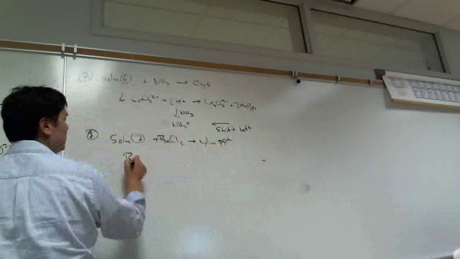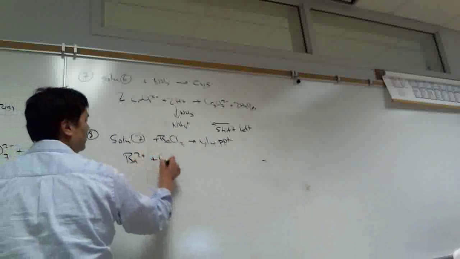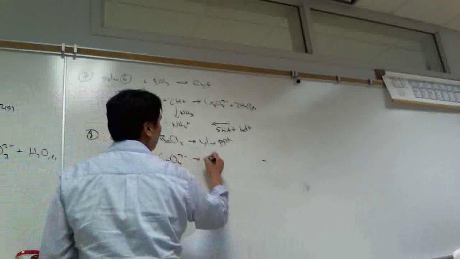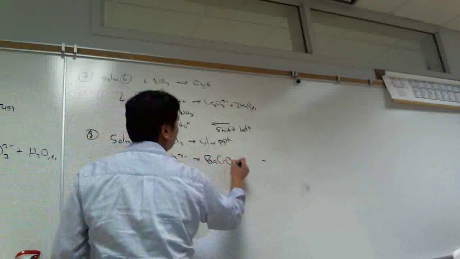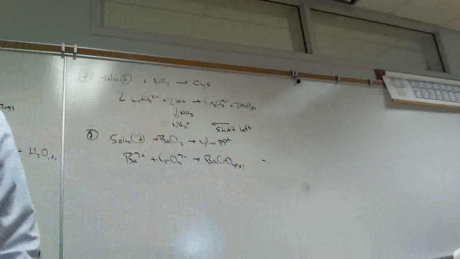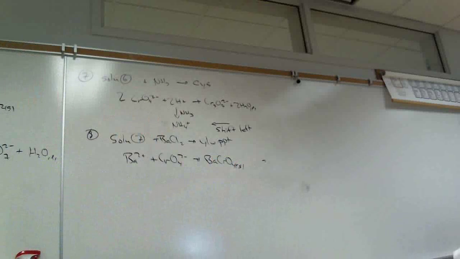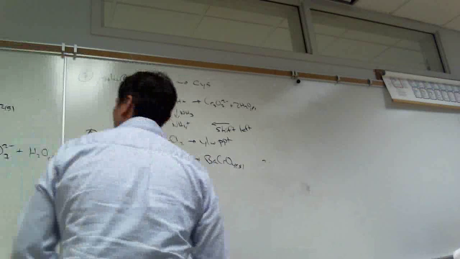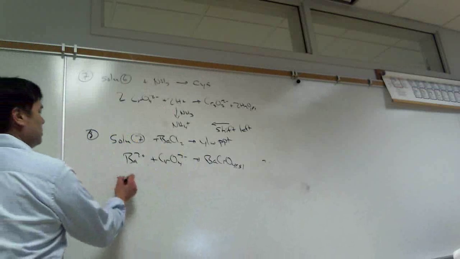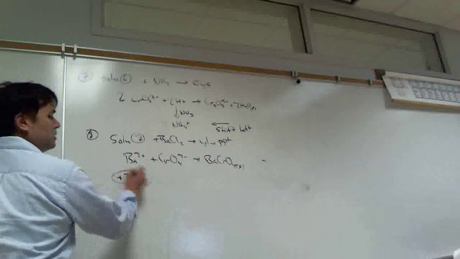And so the reaction here is that the barium ions like to precipitate out with chromate ions to form yellow barium chromate solid. Barium chromate is kind of a faint yellow. Depends on, but it could be brighter in shade.